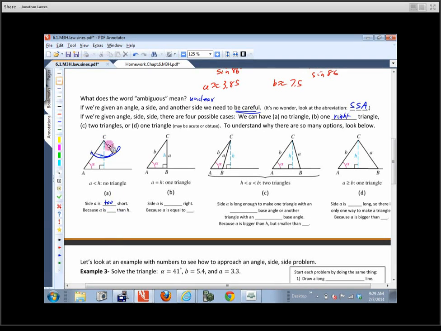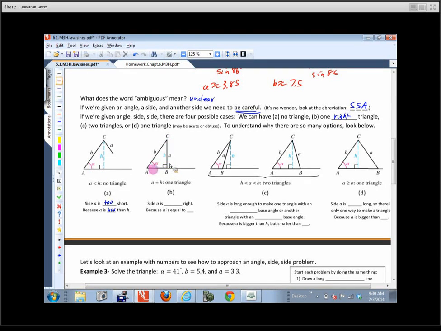And the reason it's too short is you'll notice that on every one of these I've got this H on here. This is how high it is from this point up here down to that one right there. And if side A is less than H, there's no way we can make a triangle. So figuring out how far it is from here to here is really important because we're going to use this side and make a comparison with that height, that H.